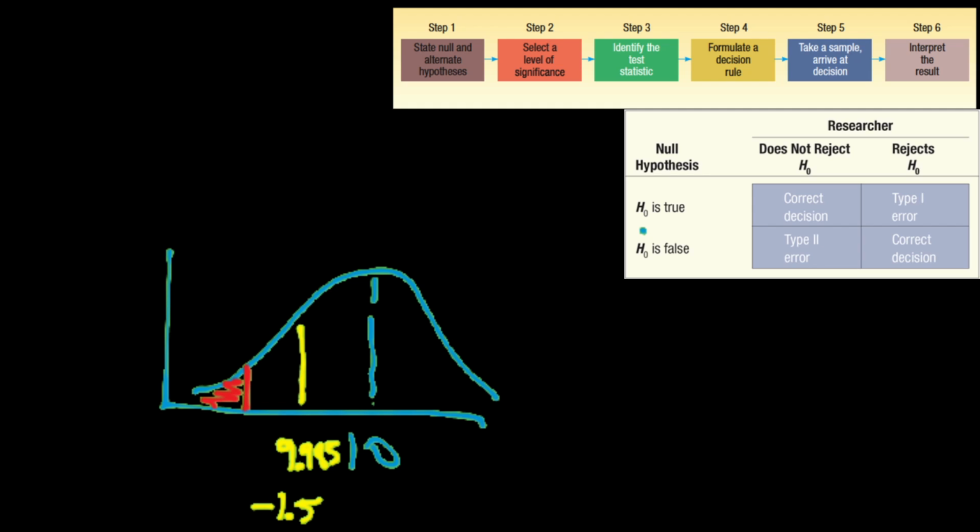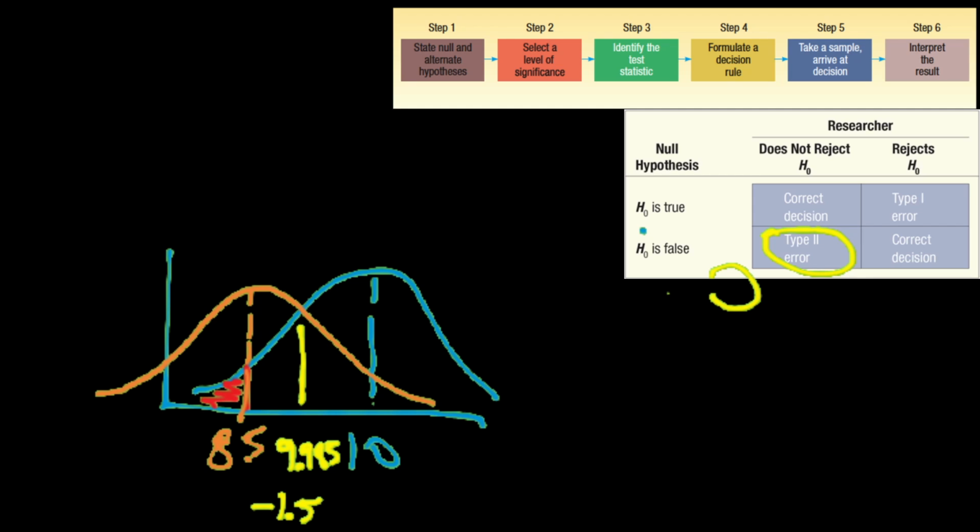But a type 2 error results when, let's say for instance, the mean was not 10. Let's say the mean was 9.7.